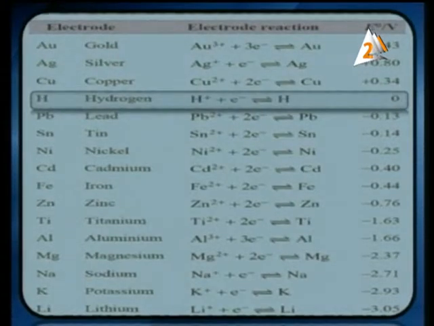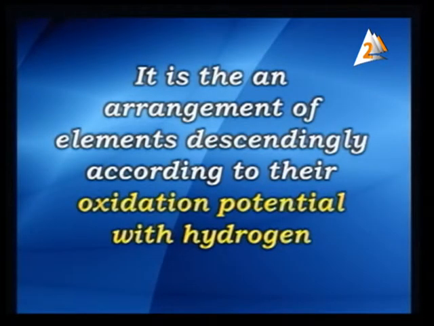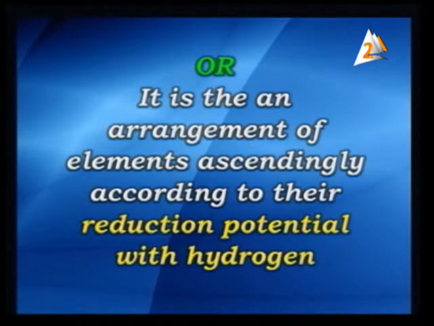What about the electromotive series? It is an arrangement of elements descendingly according to their oxidation potential with hydrogen. We have another definition: it's an arrangement of the elements ascendingly according to their reduction potential.